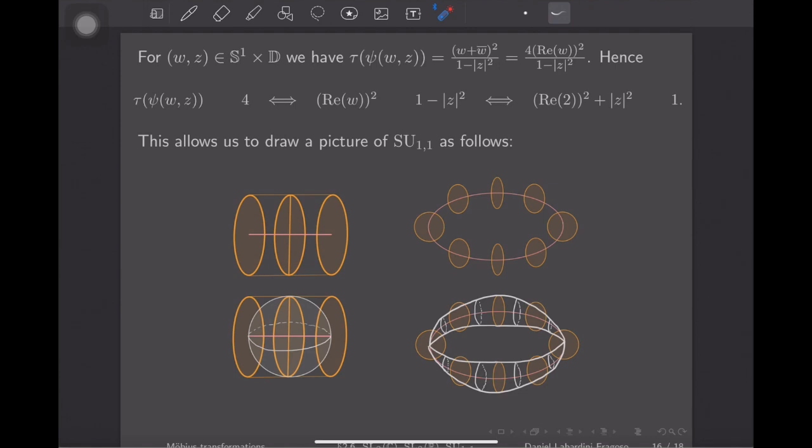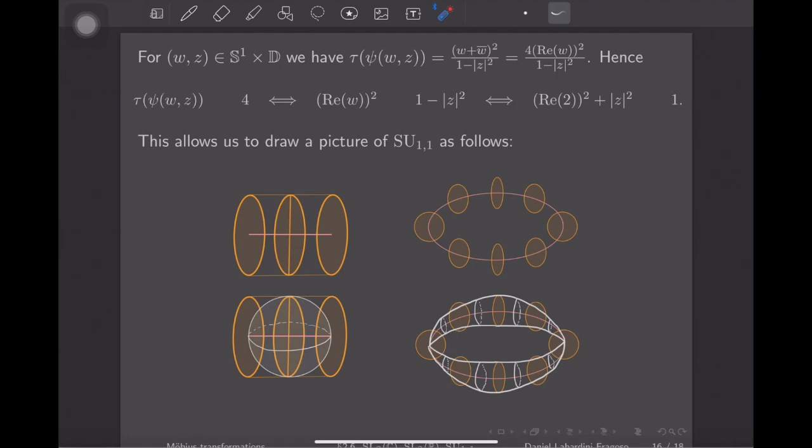So if I take a matrix whose associated Möbius transformation preserves the Poincaré disk, I know that the Möbius transformation is not loxodromic. In other words, by now we know that in SU(1,1), and also in SL(2,R), one doesn't have loxodromic elements, because the elements of SL(2,R) preserve a disk, and the elements of SU(1,1) preserve a disk, and loxodromic ones don't. This will come up in a few moments.